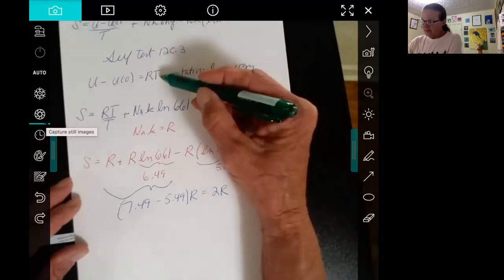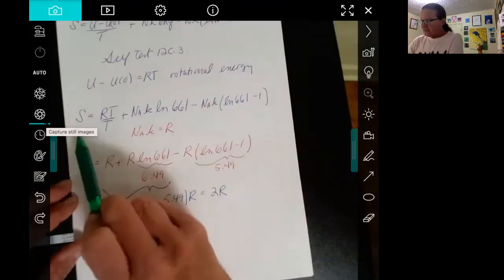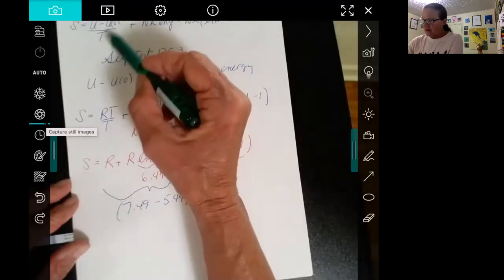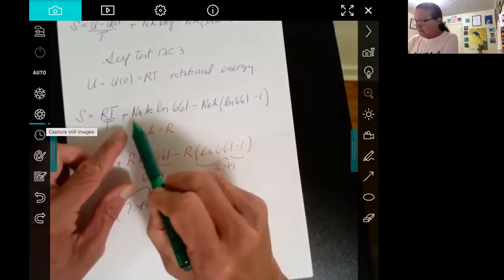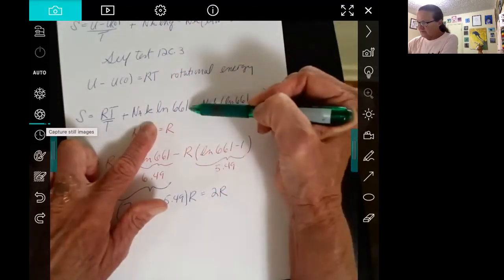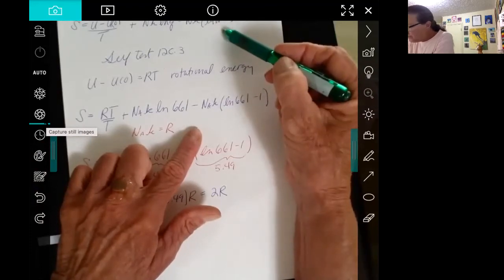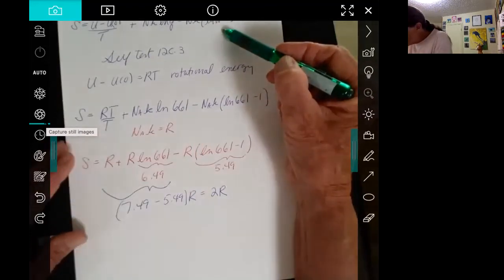So that will be RT because we're just talking about the rotational contribution. So entropy will be RT over T plus N_A k ln of the partition function minus N_A k ln of the partition function.